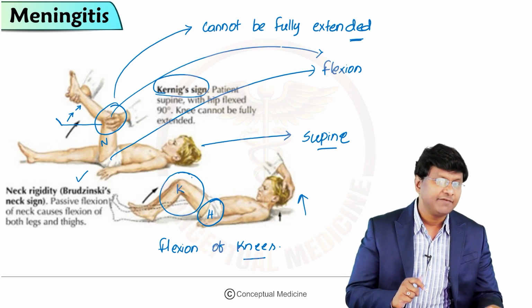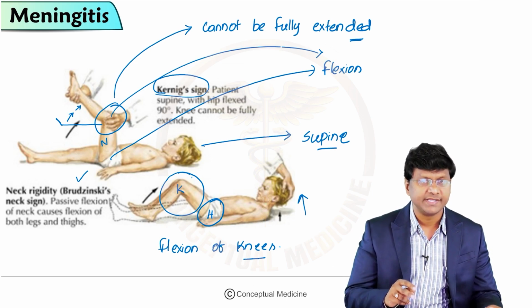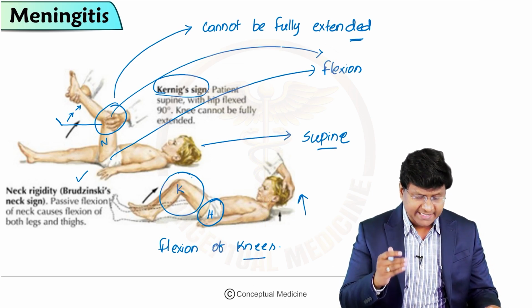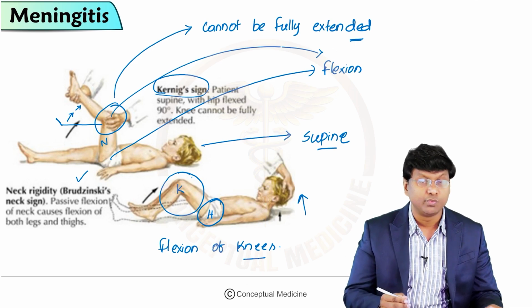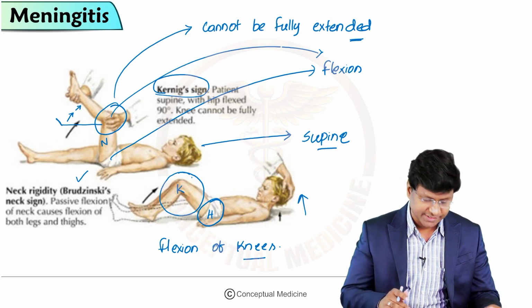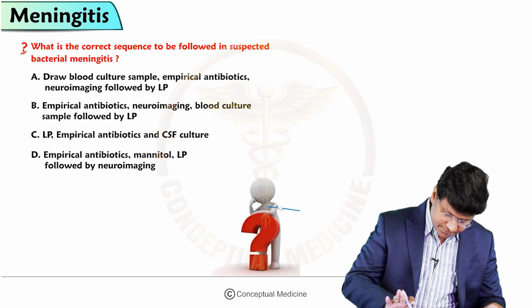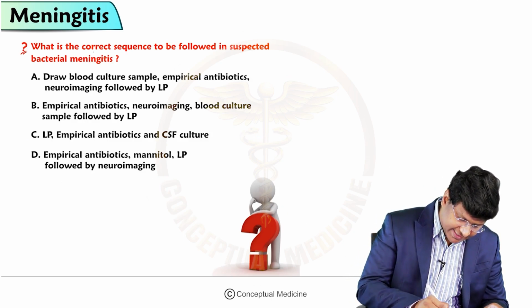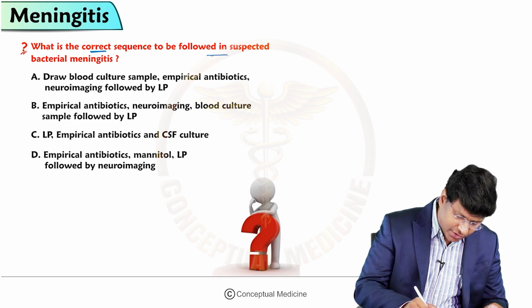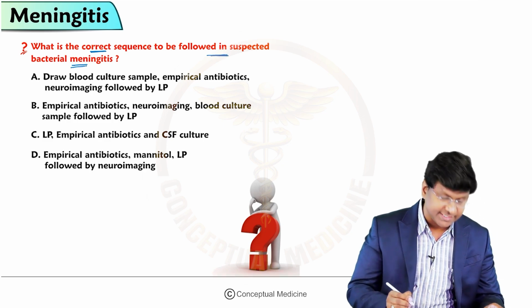Right, now after having discussed these two important signs, let me discuss how exactly you need to do the workup of patients with meningitis. So you see this question: which of the following is the correct sequence to be followed in suspected bacterial meningitis?